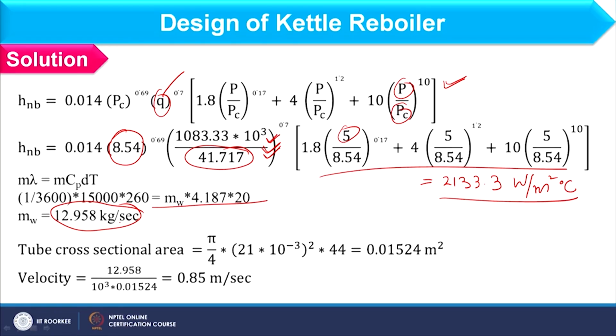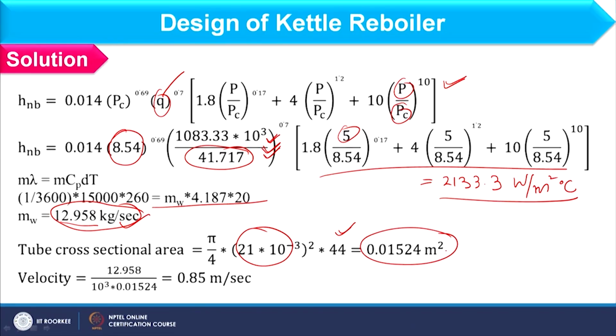So, mass flow rate of water you can obtain as 12.958 kg per second. And tube cross sectional area, how can you find out? You already know the internal diameter of the tube, and pi by 4 into di square is the cross sectional area of one tube, into number of tubes you already know. So, area per pass is 0.01524 meter square.